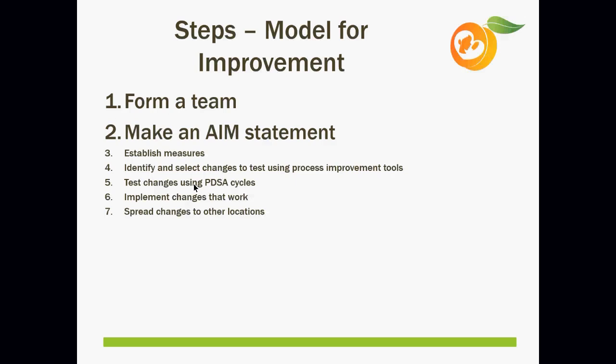Two things. It's important to have diverse representatives with different levels of expertise. For example, in one of your units, if you have a team consisting mainly of nurses, it's important to have a physician in the mix. Similarly, it's good to have hospital administrative support. And one of the other key players in the team is a project sponsor. And this should be a person with authority who can help provide resources and overcome barriers.